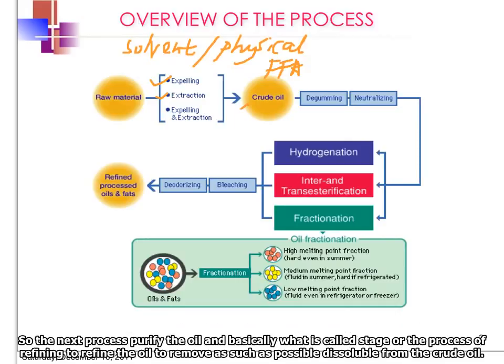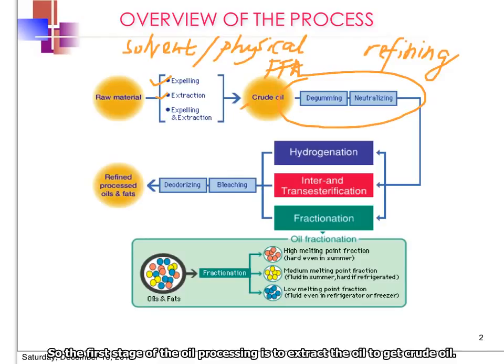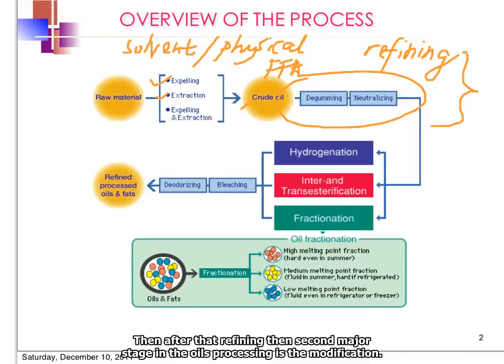The next process is to purify the oil, and this is what we call the stage or the process of refining, to remove as much as possible the undesirable components from the crude oil. So the first stage of the oil processing is to extract the oil to get the crude oil. Then after that, refining.